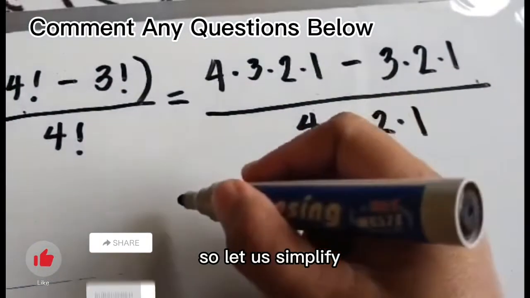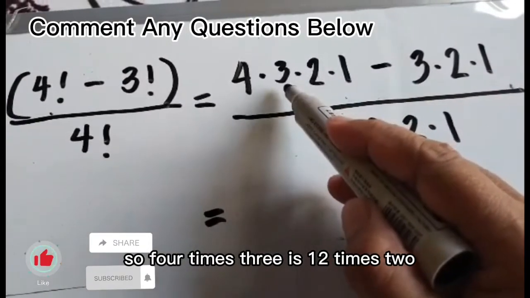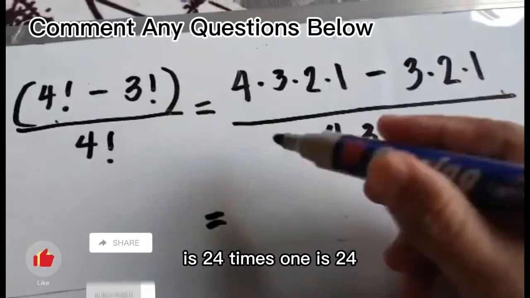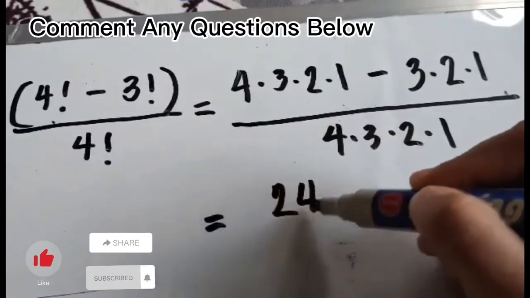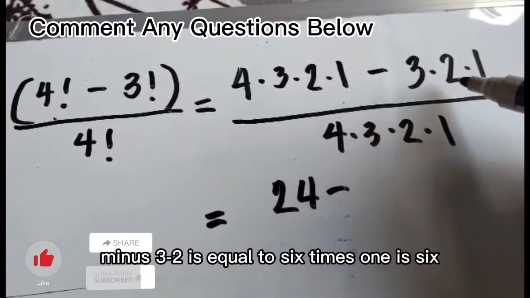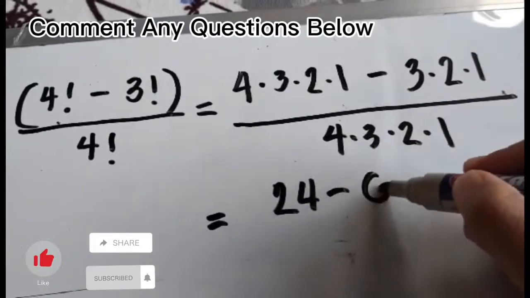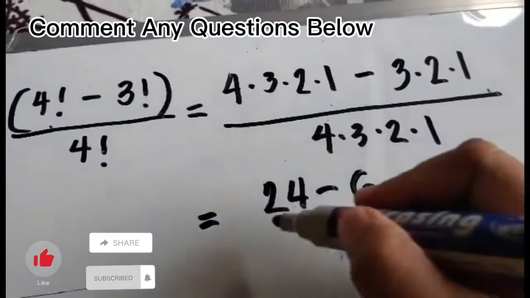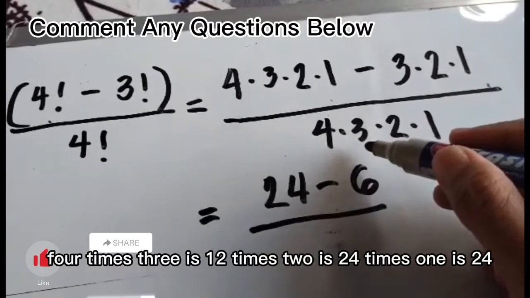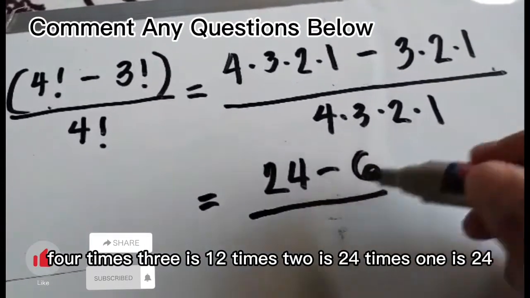Let us simplify. 4 times 3 is 12, times 2 is 24, times 1 is 24, minus 3 times 2 is equal to 6, times 1 is 6. How about the denominator? 4 times 3 is 12, times 2 is 24, times 1 is 24.